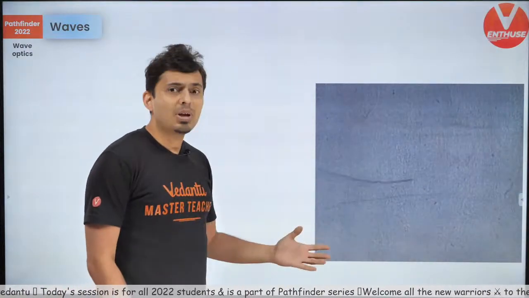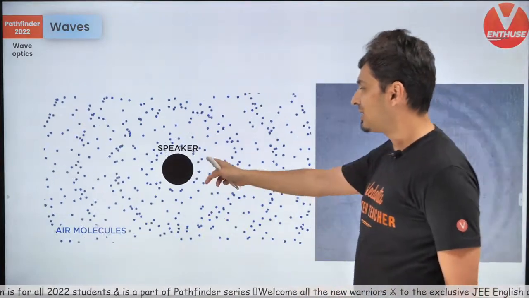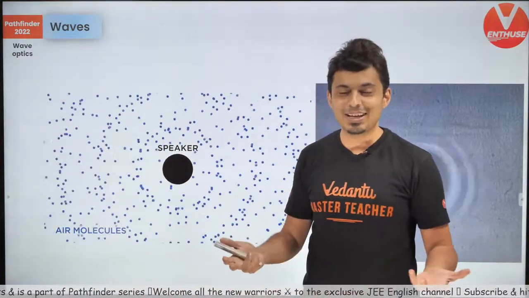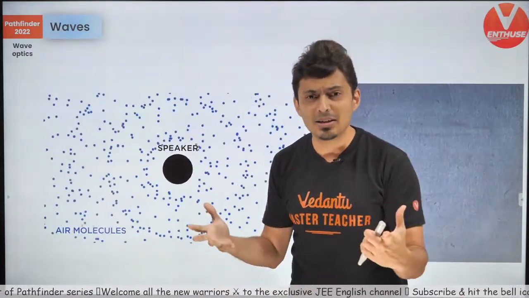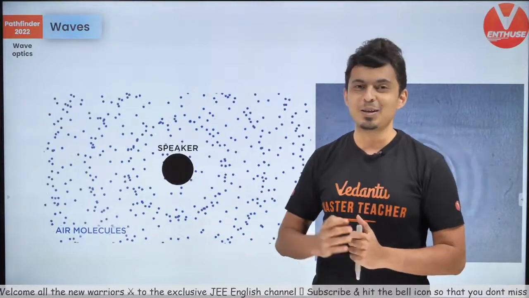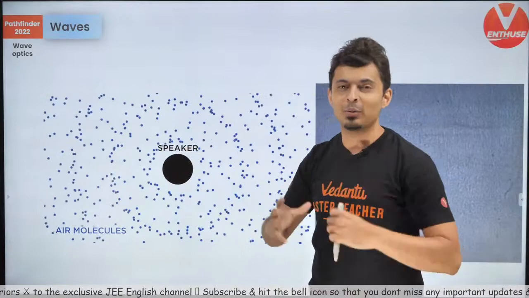Same way, even light can be produced, but before that, let me give you another example: a speaker. You obviously wear headphones or have a speaker at home. A speaker is a source of a wave. It creates a disturbance, and that disturbance shakes the air molecules around it.